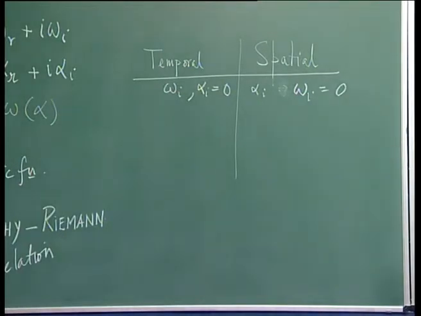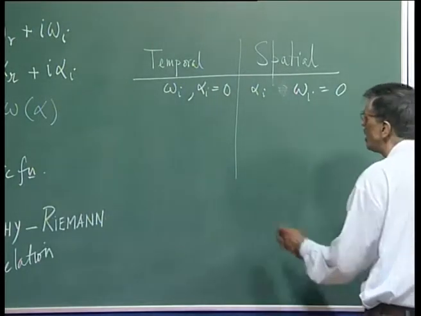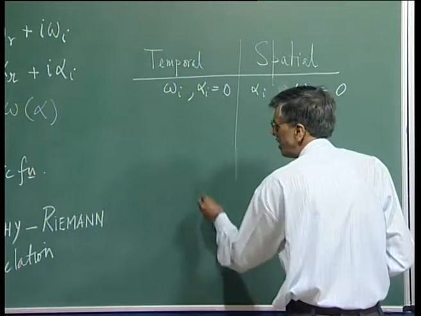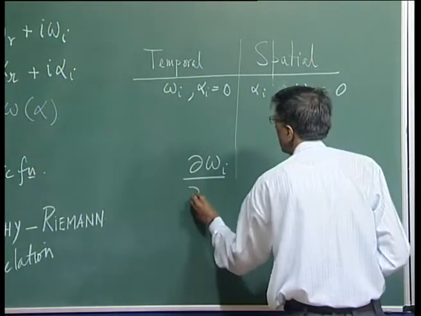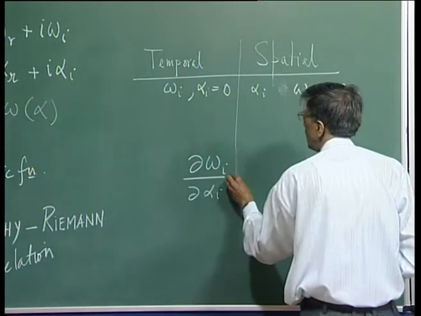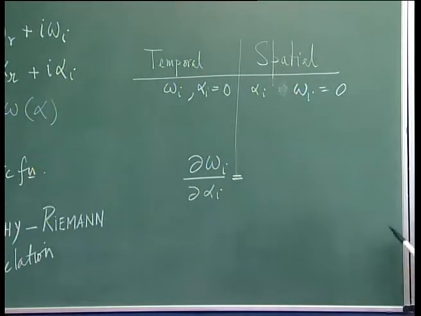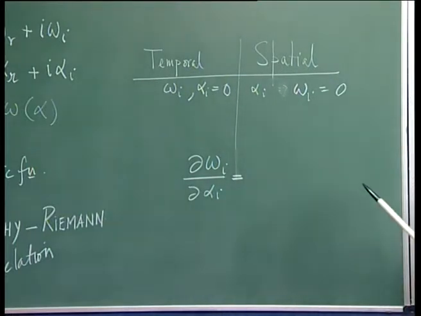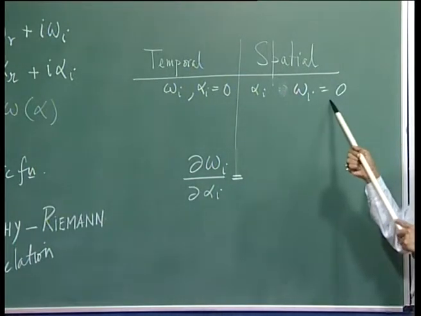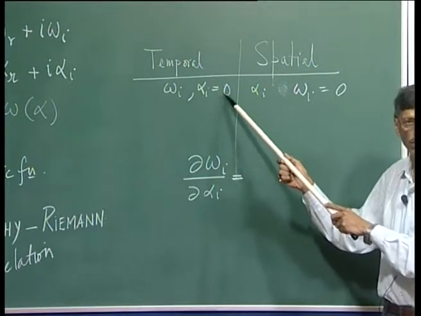So, if I look at it this way, then let me try to evaluate this partial derivative del omega I del alpha I. So, it is like suppose I am going from temporal to spatial theory, then this is my final condition, this is my initial condition, right.